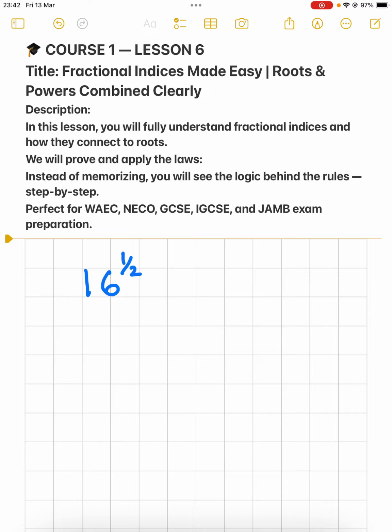But what if I told you fractional indices are just roots in disguise? Note always that fractional indices equal to roots.